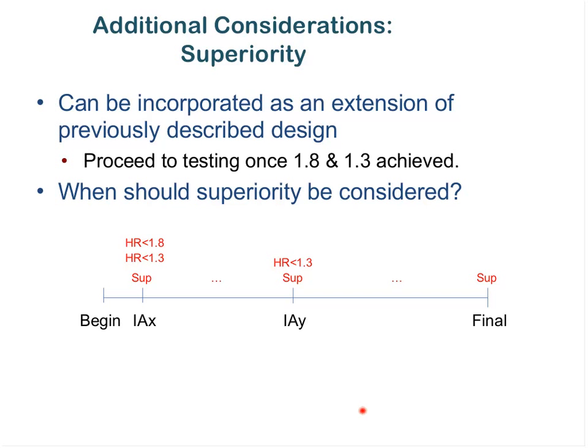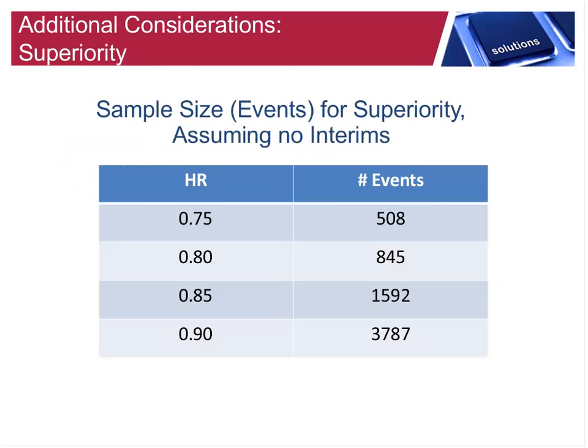And most likely you're going to accomplish 1.8 first, and then 1.3, and then superiority. So the chart is going to look something like this. But then the question is, when is superiority worth considering? So first of all, you need to look at some numbers. This is what you would need in terms of numbers for superiority, assuming no interim analysis.